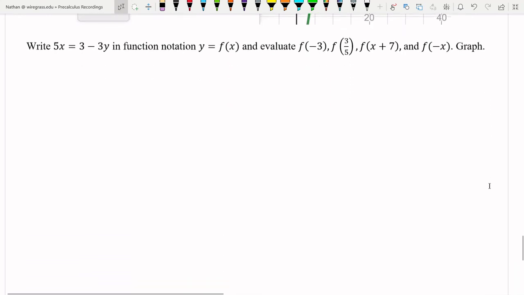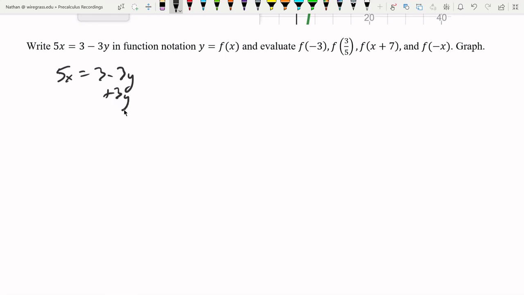Now this is what I was doing. I was plugging the input into the function using the function notation. And this is the value of function notation, is you get your inputs and your outputs all in one go. So our input is -3. So if we're going to first write this in function notation, the way it works is you just solve for y. I'm going to add 3y and then subtract 5x.